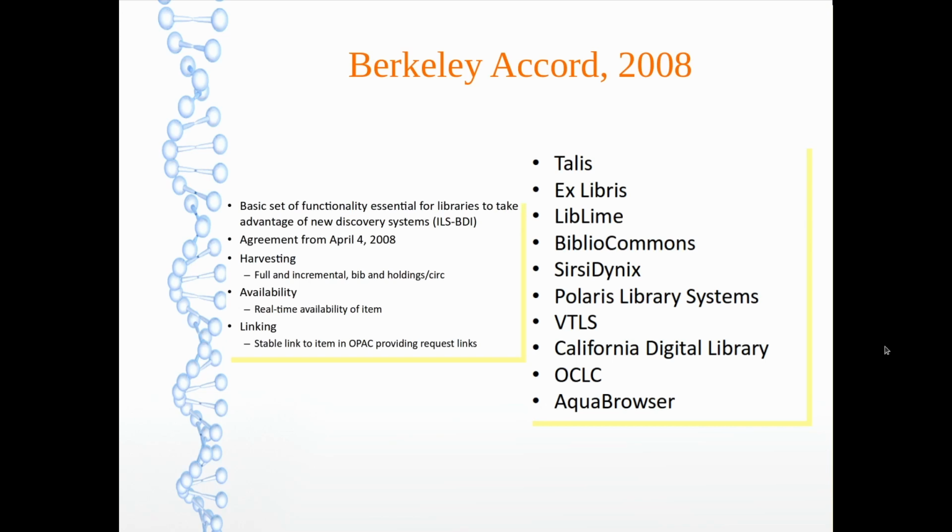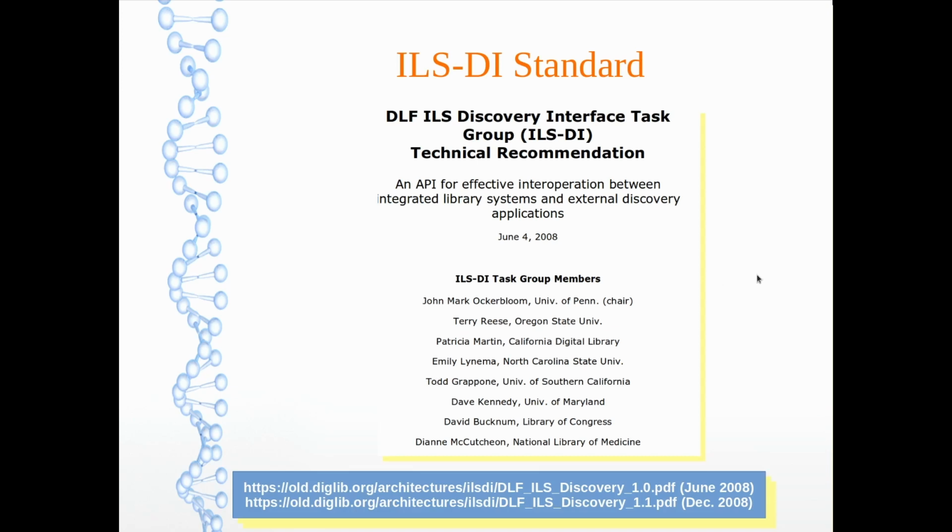They came together to form a protocol to accord that all ILSs should support harvesting, availability status, and linking with DI. So the result was the development of the ILS-DI standard. The first version came in June 2008, and the latest one, version 1.1, is available from December 2008. That is the latest and presently available.